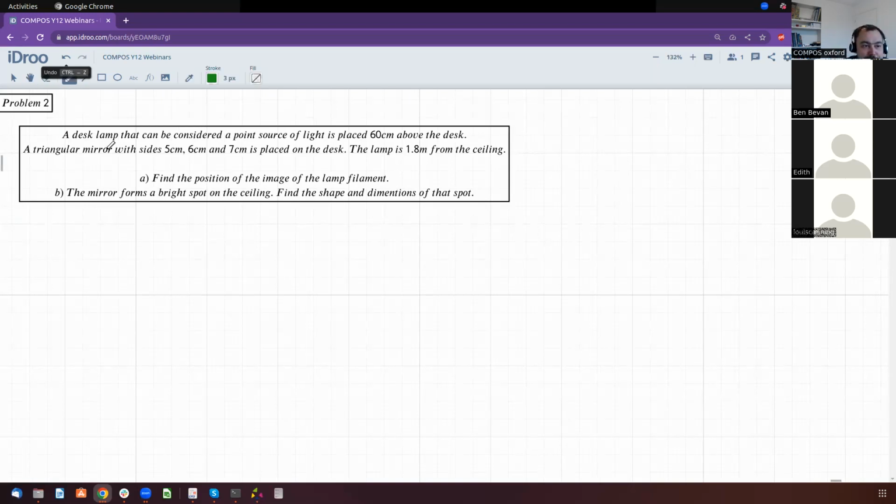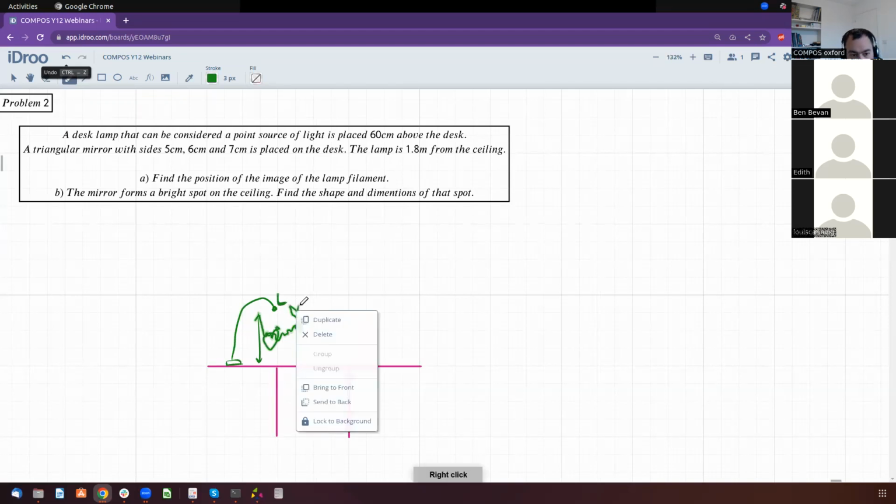Okay, so we start by drawing. So there is a table. And there's a lamp on the desk. So let's say there is a lamp. Lamp L. They say it's 60 centimeters above the desk.